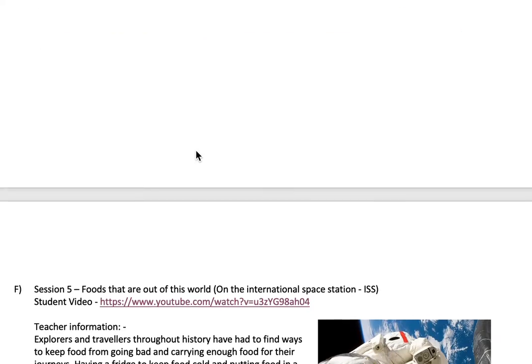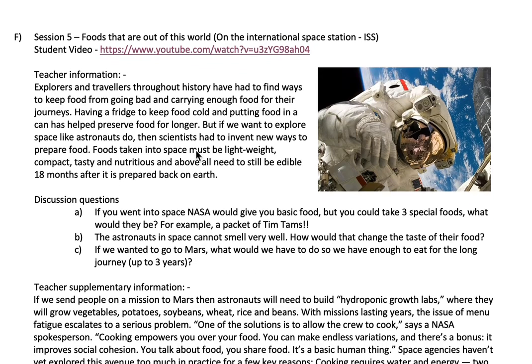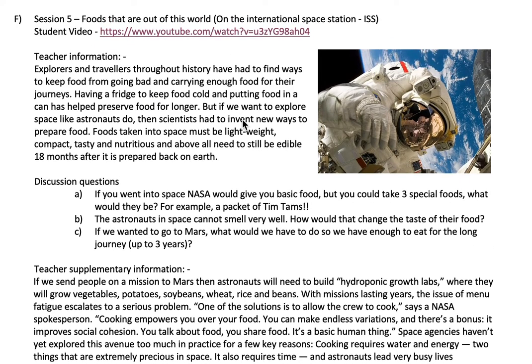And the last one is looking at the future. Currently on the International Space Station, we need food up there. The astronauts need food up there. But if we're looking to Mars and going to Mars, we have to find ways to improve how we package food to last that long. And there's a lot of supplementary information to help you with that.